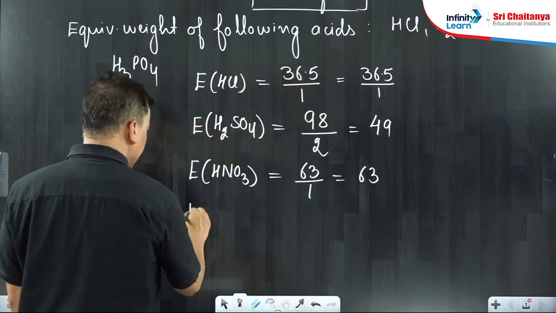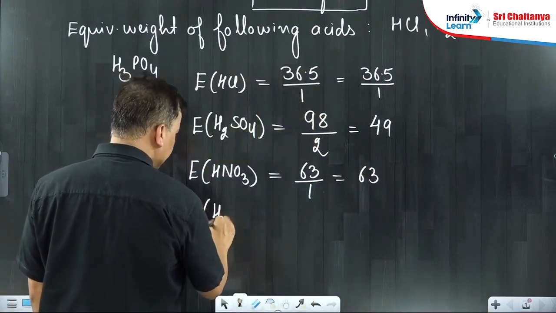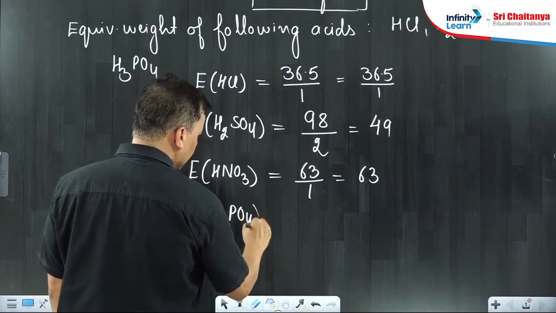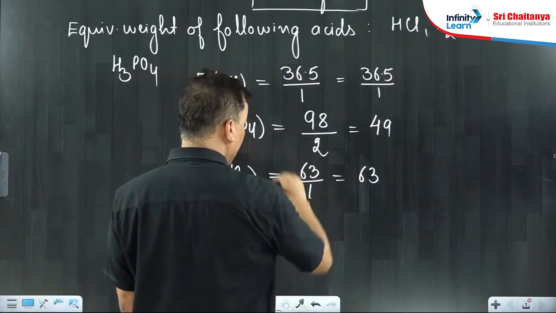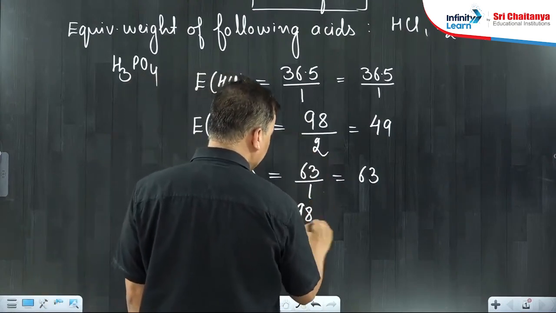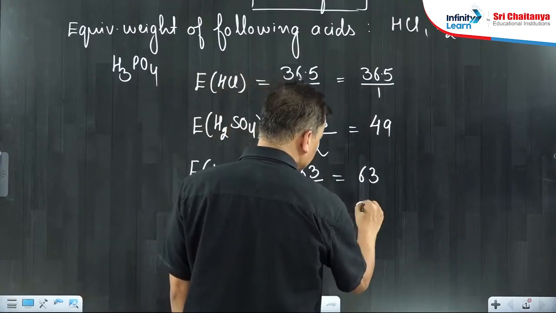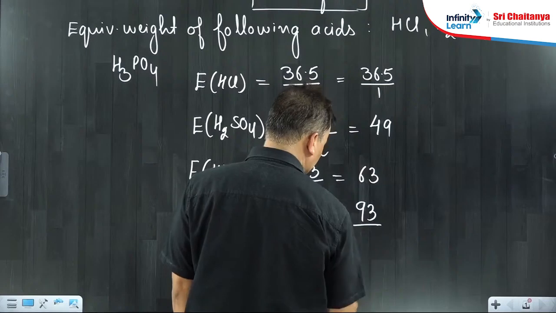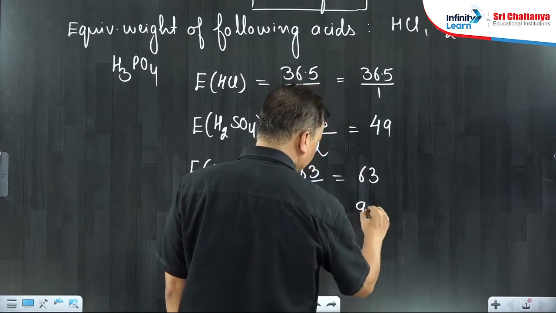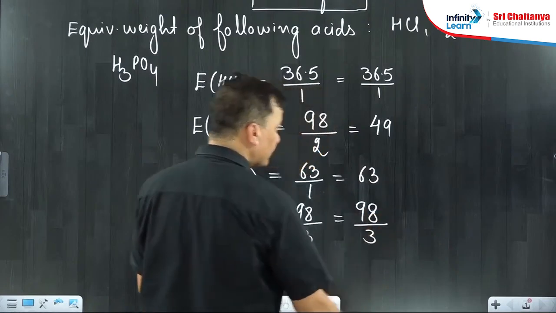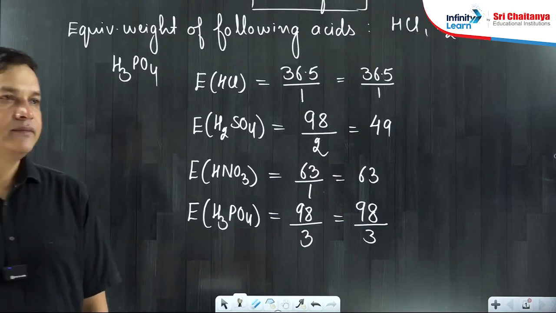Here is the equivalent weight of H3PO4. Its molecular mass is also 98, divided by its N factor of 3. Here is 98 upon 3. Is that clear or not?